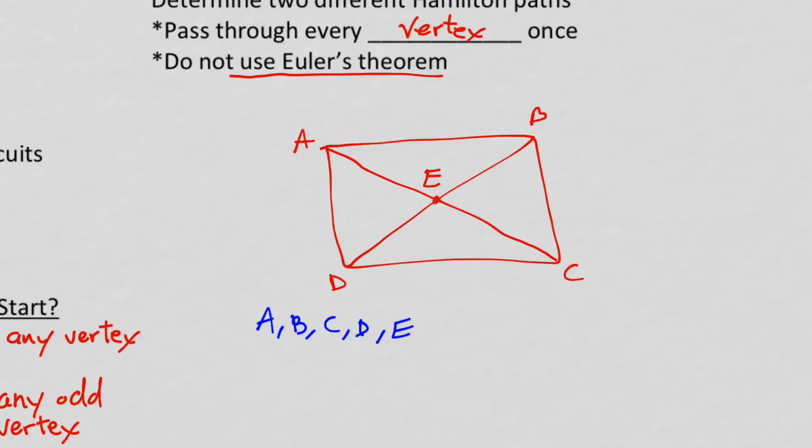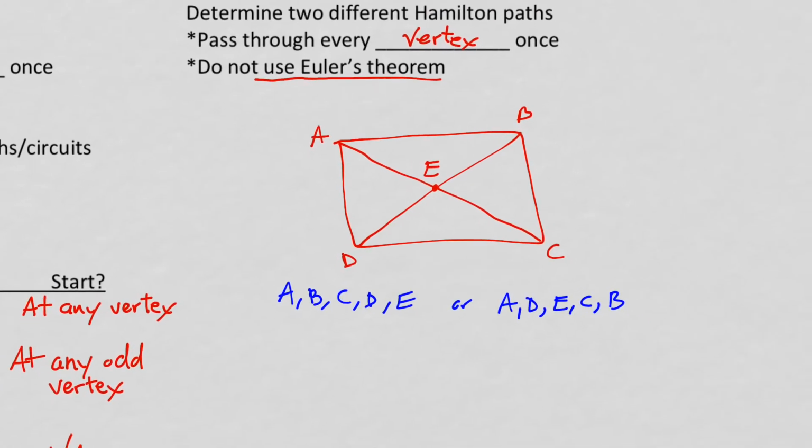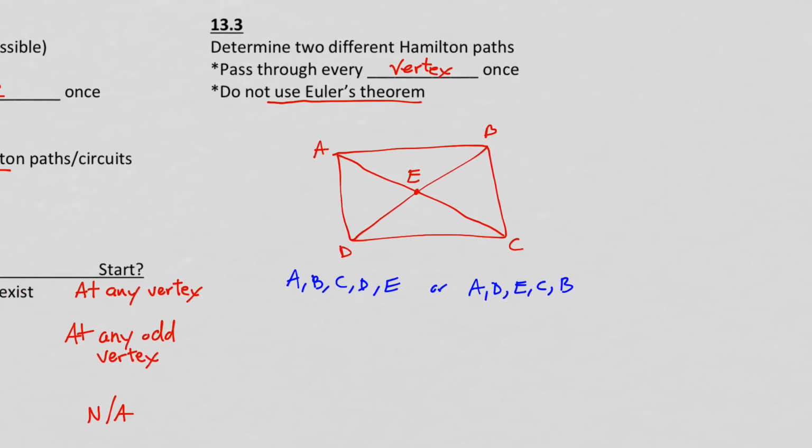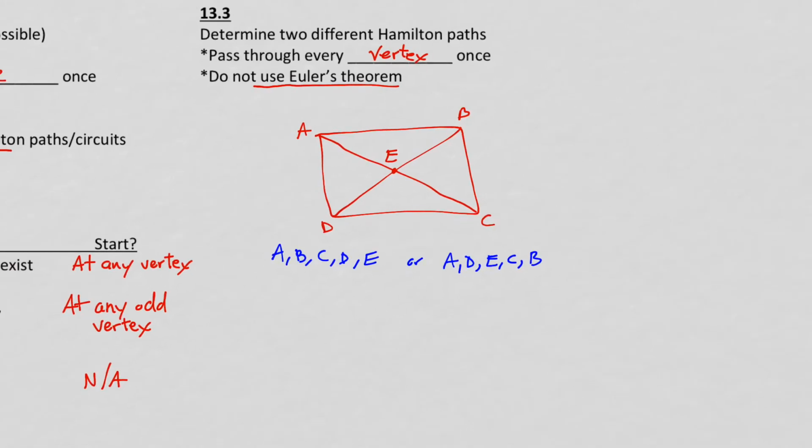Or instead of going to B, we can go to D, then we can go to E, and then we can go to C, and then to B. Okay? So many different possibilities with Hamilton's paths and circuits.